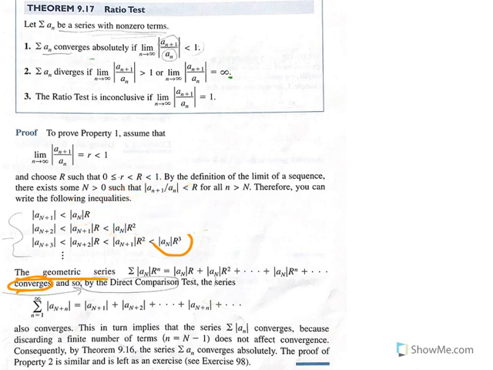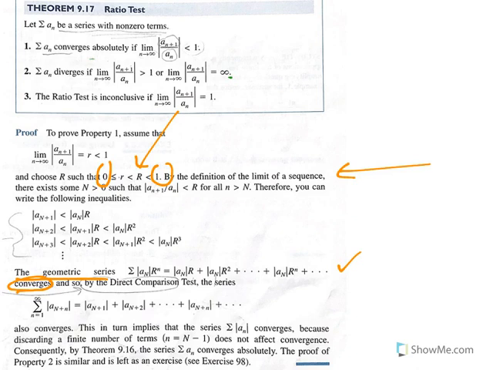We know that it converges because the common ratio is uppercase R, and if you go back to this line from the proof, we see that uppercase R is greater than 0 and less than 1. So this is a geometric series that must converge because the absolute value of its common ratio is between 0 and 1.